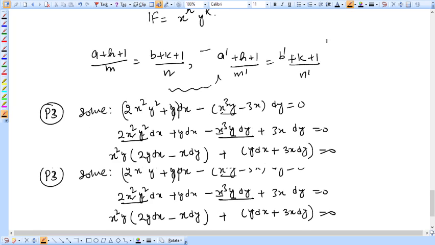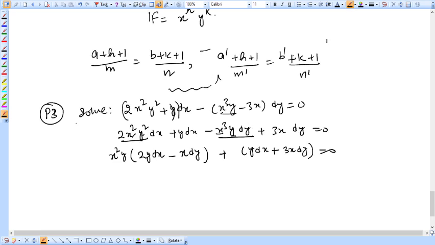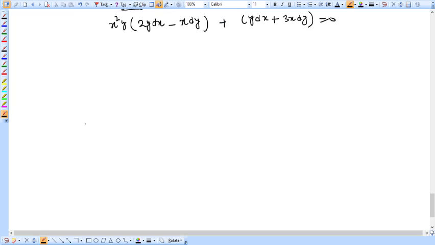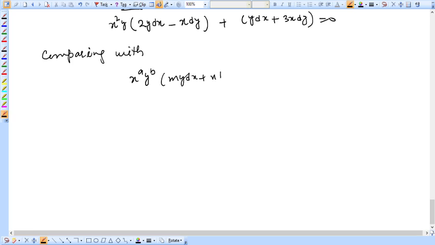So you write comparing with x^a y^b (M dx plus N dy) and so on. I have written it all already, so you just need to paste it from there to here.